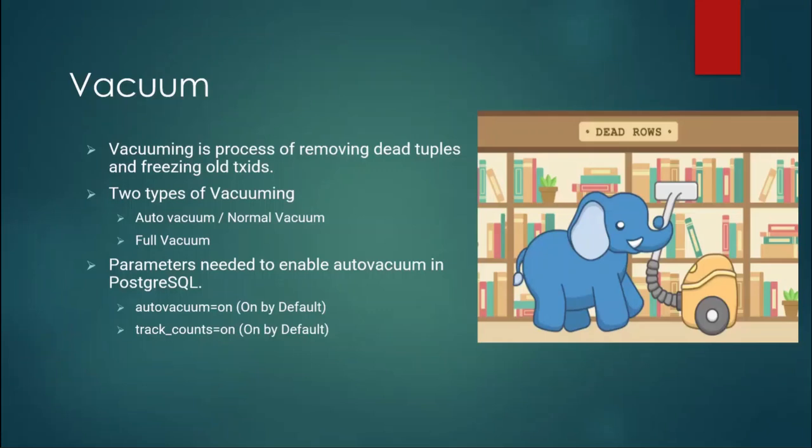So what exactly is vacuuming? There is no undo tablespace management in PostgreSQL like we have in Oracle. Whenever you perform more DML operations, all the pre-image data will be stored in the same table along with the live tuples. In a highly transactional database system, the table contains live tuples and also the modified pre-image data, which we can call dead tuples.